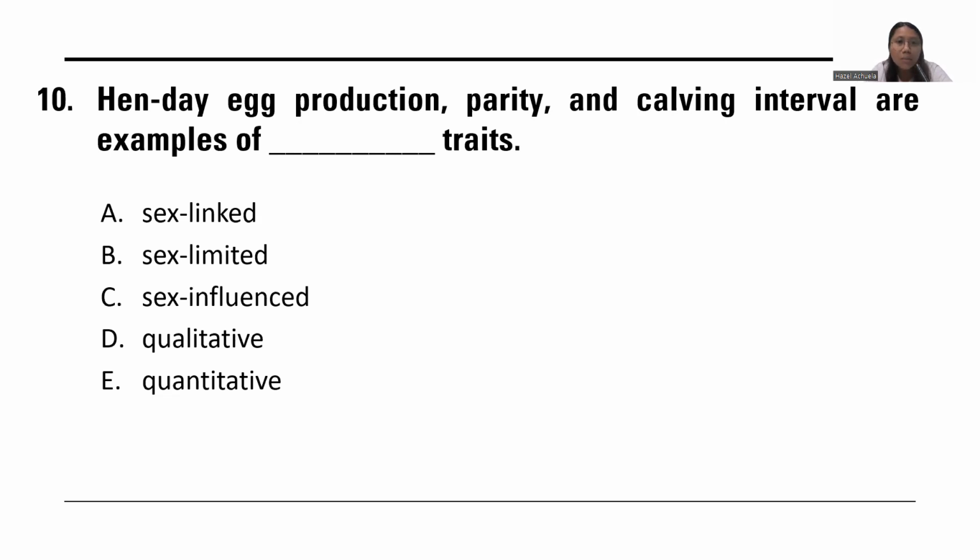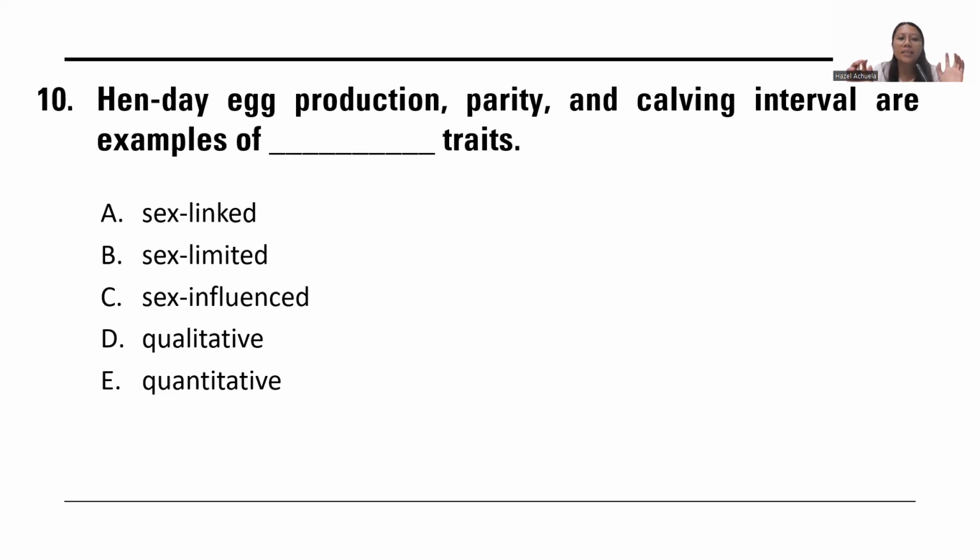Okay, so these are types of traits. So, pag sinabi nating sex-linked, ang gene controlling the expression of that trait ay located or linked doon sa sex chromosome. Ha, sex link, yung term na link meaning located. Yung gene controlling the expression of the trait ay makikita sa sex chromosome.